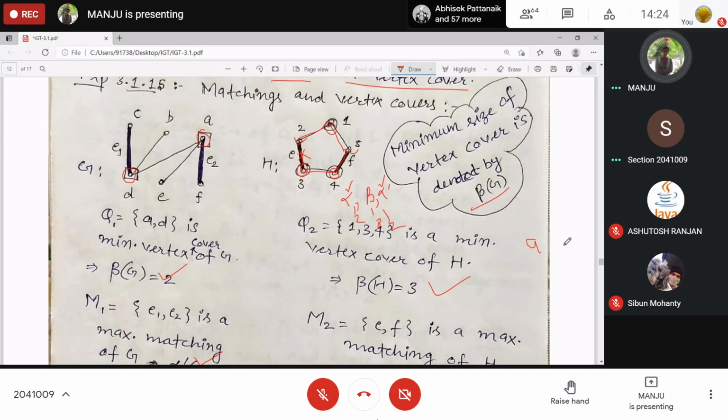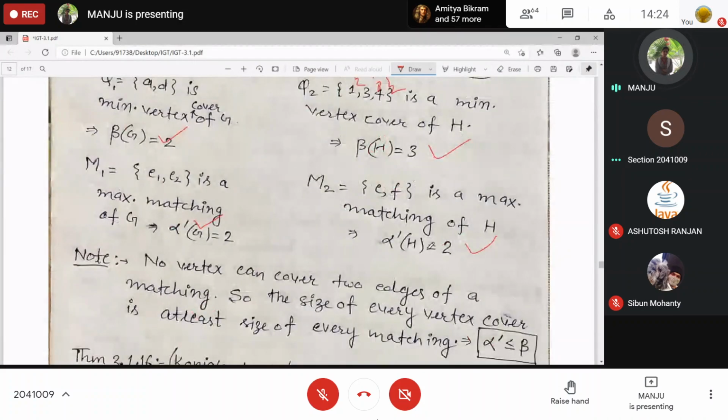Can a vertex cover two edges of a matching? No, ma'am, it cannot, right? Otherwise, this vertex will be common. It cannot occur that E1 and E2, these both are part of the matching, right? That is, any one vertex cannot cover two edges, or you can just say it can cover at most one edge, right?